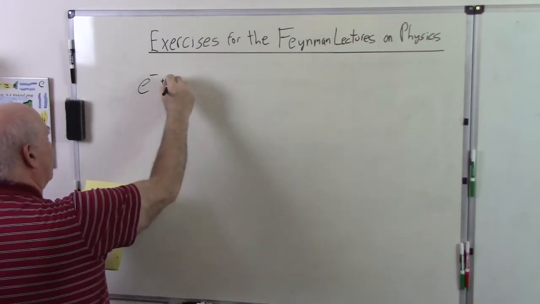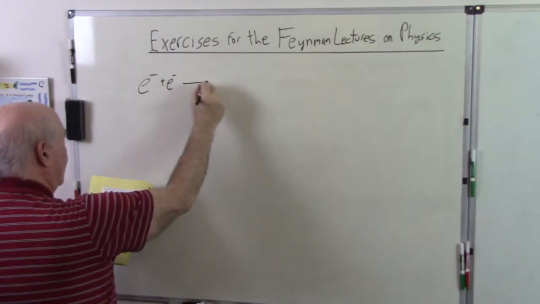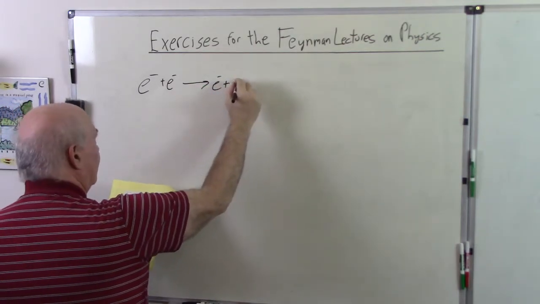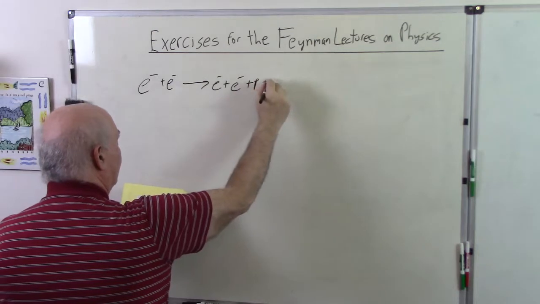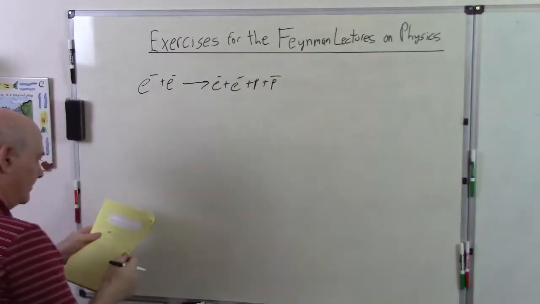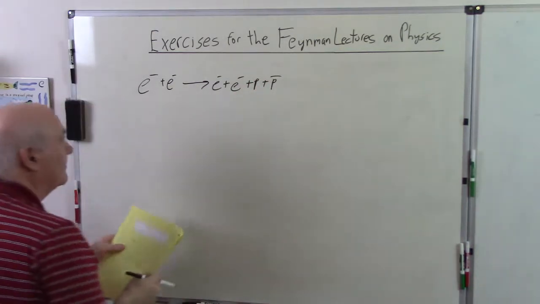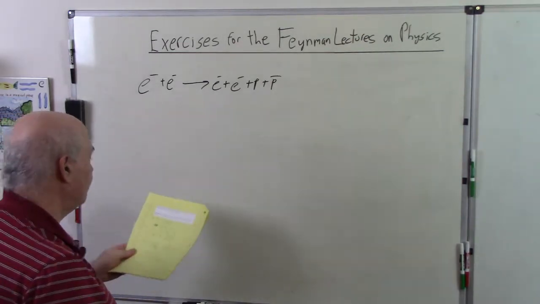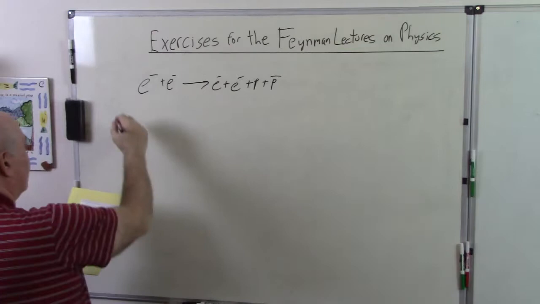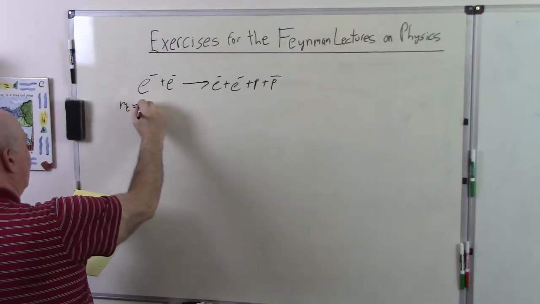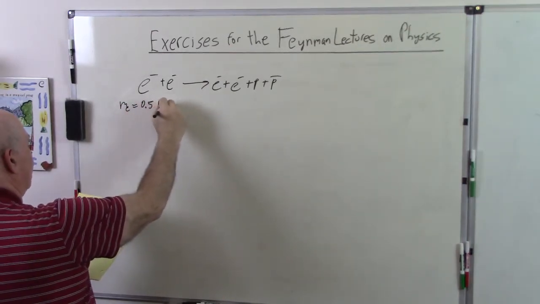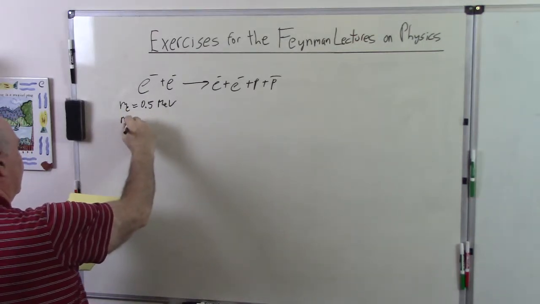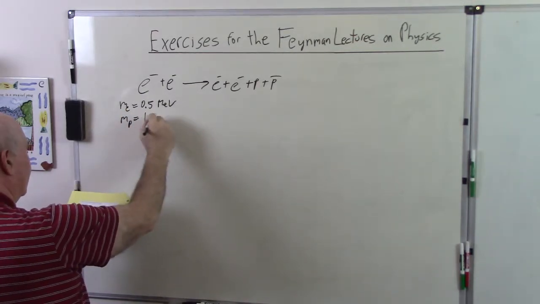So e plus e minus goes to e minus plus e minus plus p plus p bar. p bar is the antiproton. And it says for this problem, assume me equals 0.5 MeV. Just wants an approximation. You'll see why. And mp equals 1 GeV.